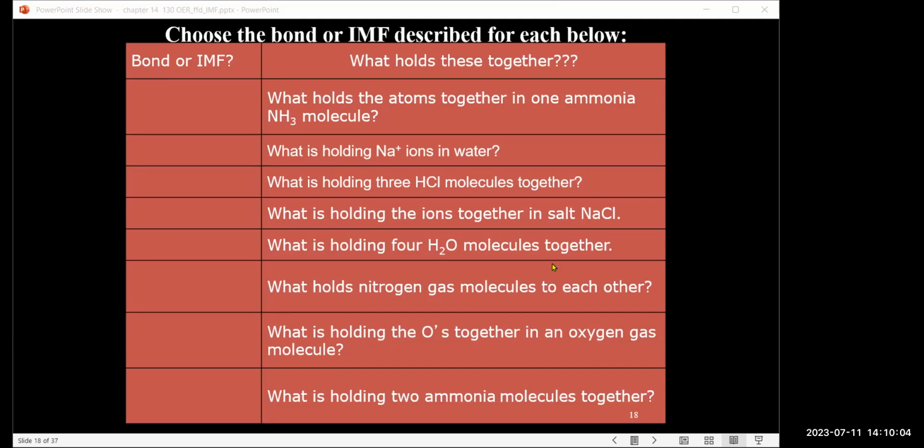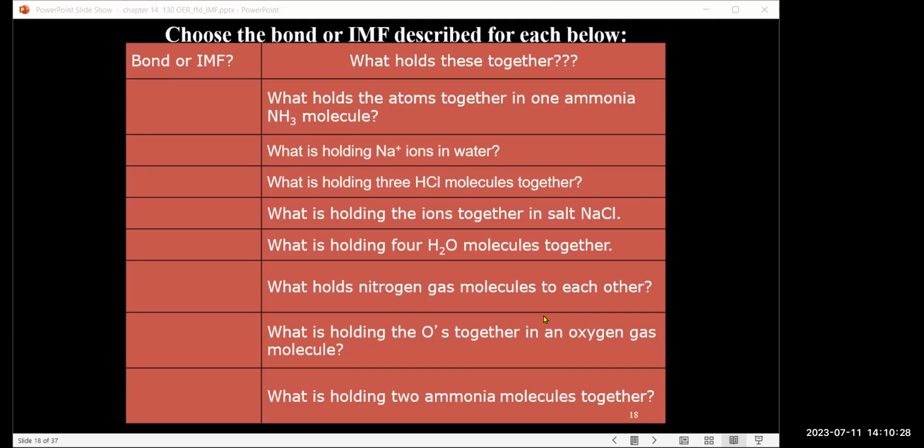So if we look at this question here, to answer these types of questions, I think we did go through this one, but I'm going to go through it again. What holds the atoms together in one ammonia molecule, NH3? We're talking about one ammonia molecule, so we're looking at the bonds between nitrogen and hydrogen.